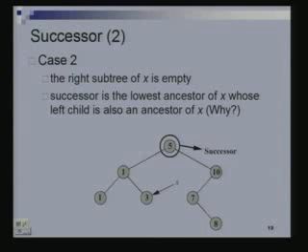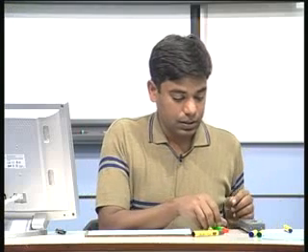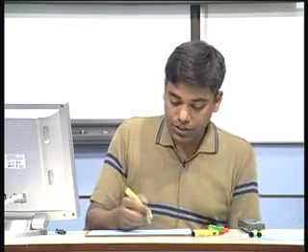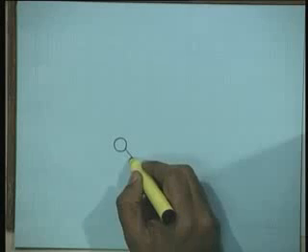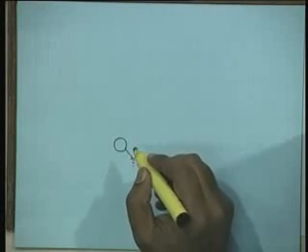We go to the right. On the right of this parent, we'll be having the numbers greater than this. So once again, recall the procedure. The procedure is I am searching for the successor of this node. The right subtree is null. There is nothing to the right.